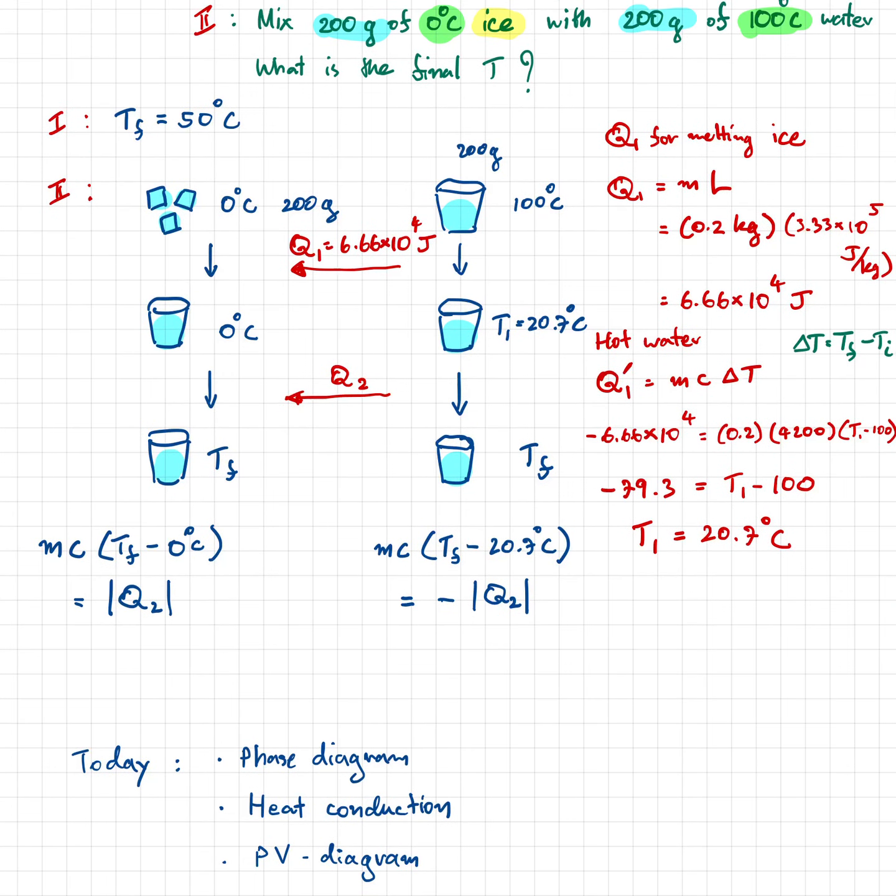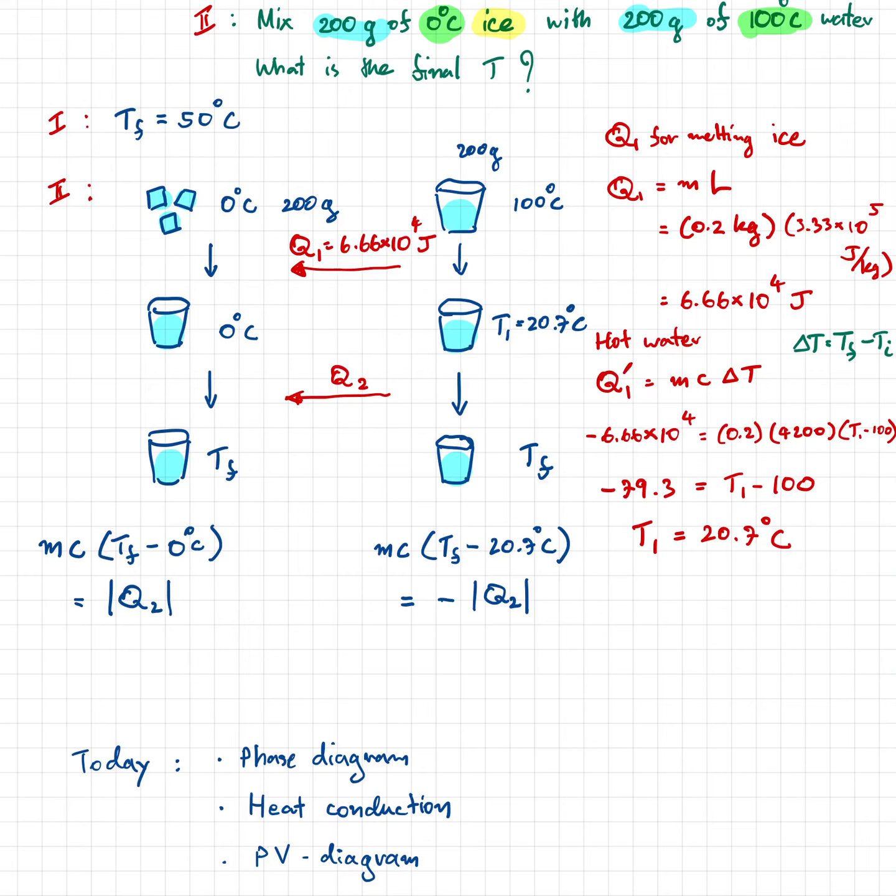Okay, so think about this carefully, right? Why I'm doing this. And if you don't do this, then you're gonna mess up the calculation. So we can now equate the two equations together because here we have the absolute value of Q, and here we have the absolute value of Q. So we can make the two equations equal to each other.